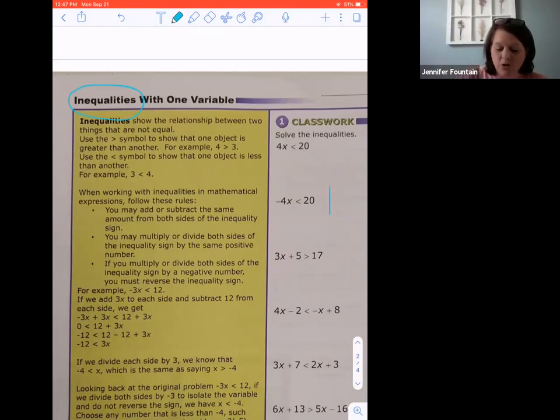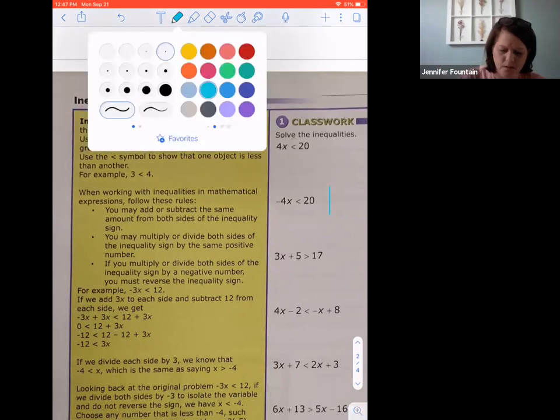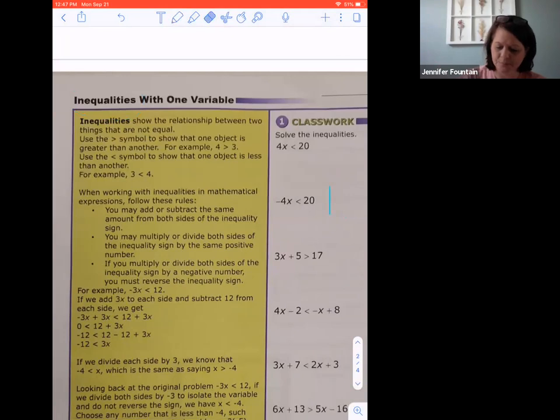We have our greater than symbol, and let me get a different color pen so it'll show up better. Let's go with pink. So we have our greater than symbol, greater than or equal to, less than or equal to, and then we sometimes see a symbol that looks like the equal sign with a slash through it, and that means does not equal.